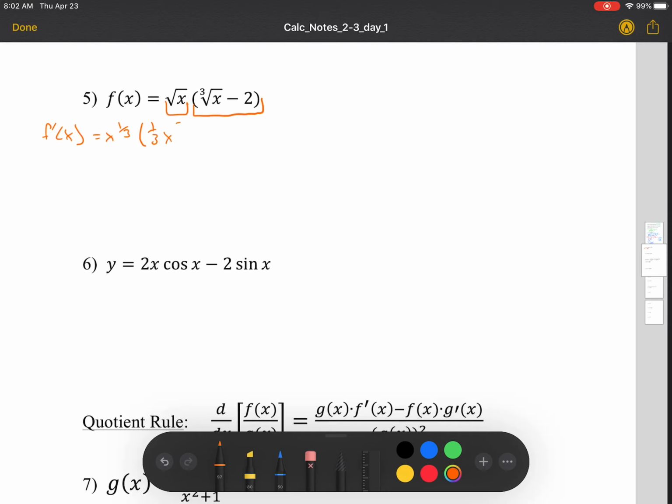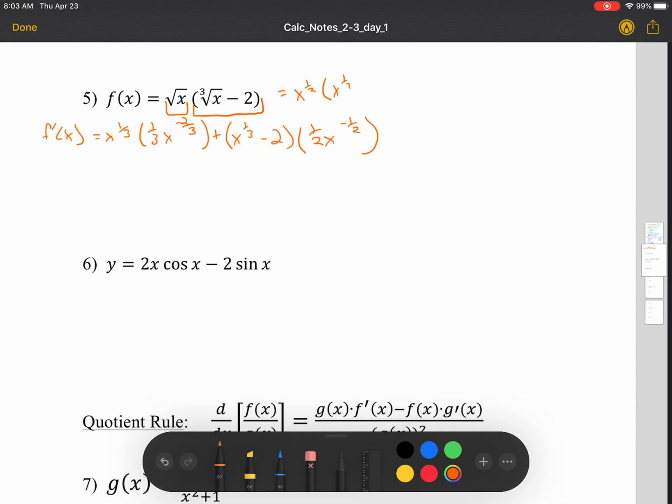It's going to equal x to the 1/3 times 1/3 x to the negative 2/3 plus x to the 1/3 minus 2 times 1/2 x.